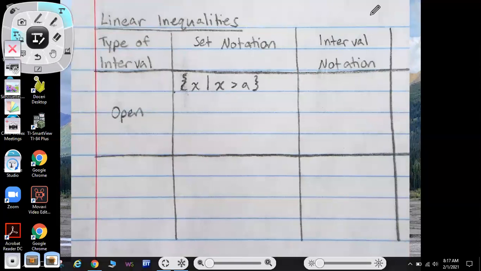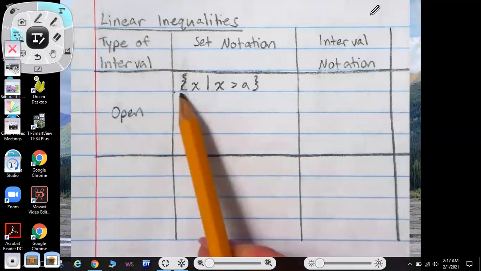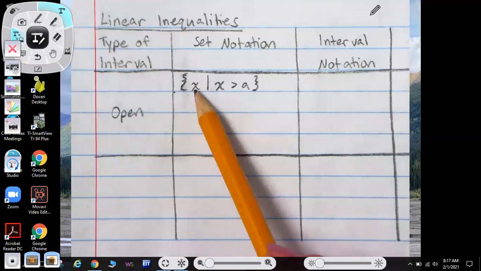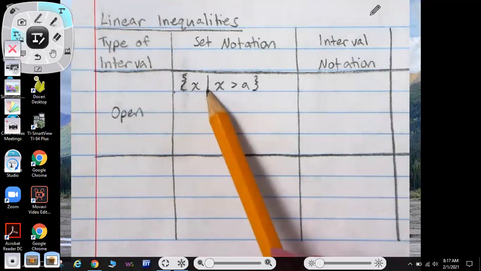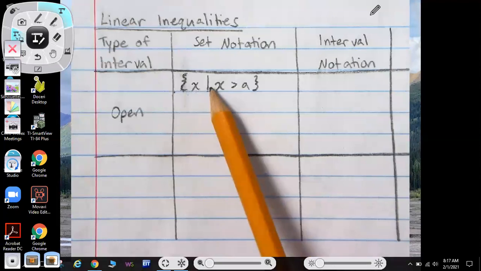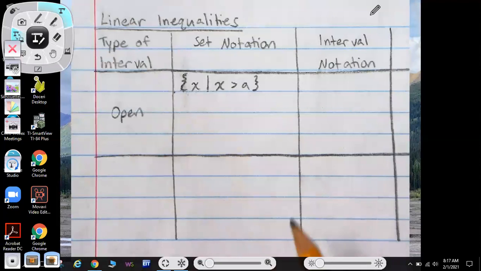Okay, so the way that you read this is the first squiggly bracket opens the set. So we say the set of x values. This vertical line means such that. So the set of all x values such that x is greater than a. How about we write that so we don't forget?